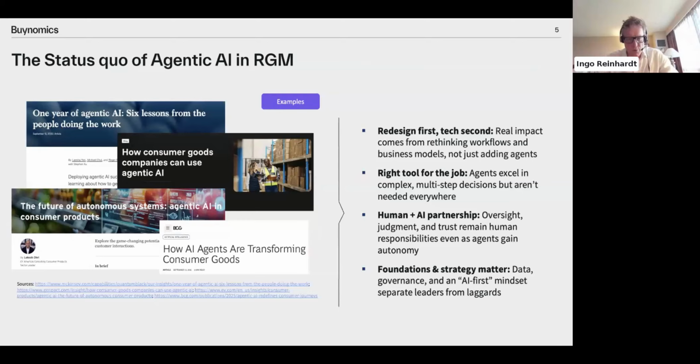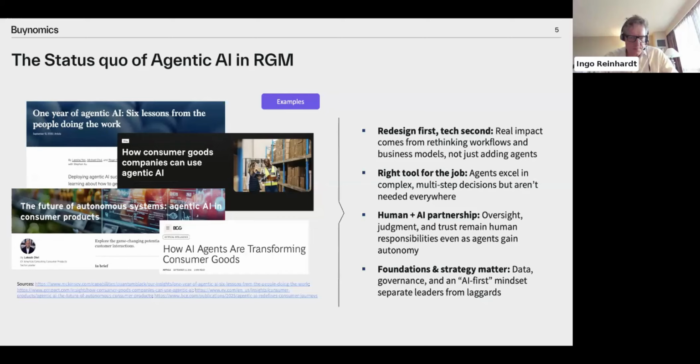We looked at a broad range of these surveys and aggregated the results from them. And I think what comes out when you look at agentic AI implementations or use cases, not all of them within RGM, but broadly in the commercial space, are some learnings we want to take here.